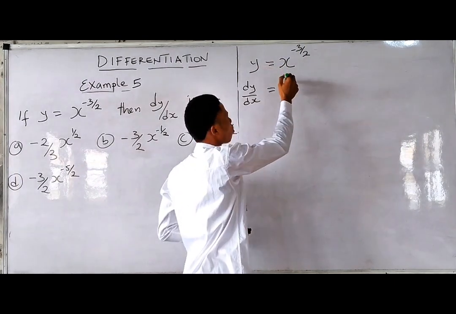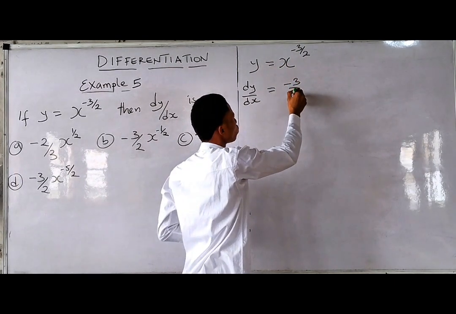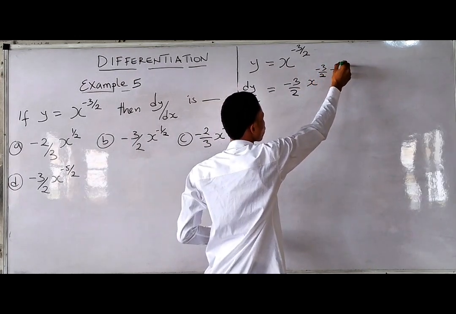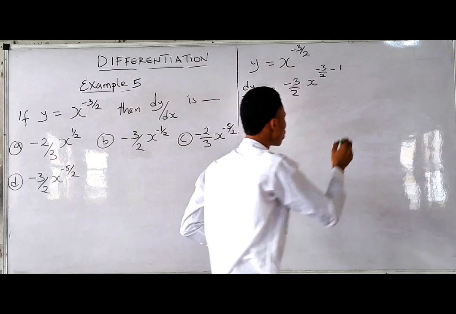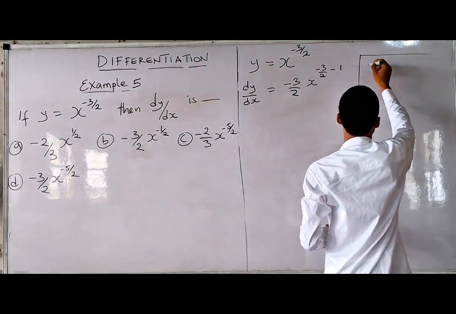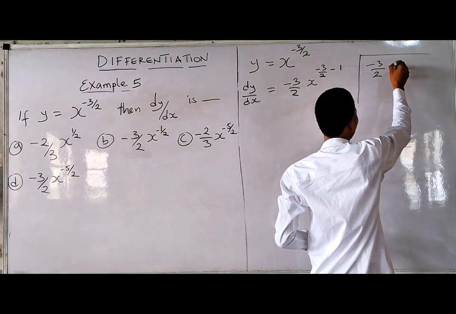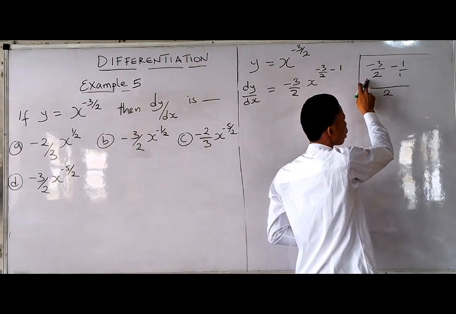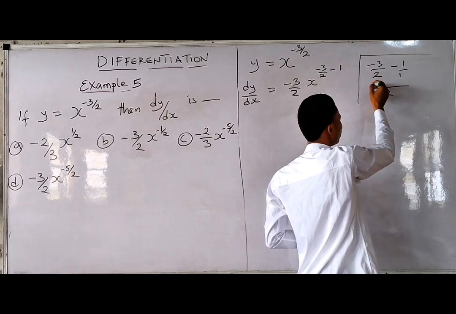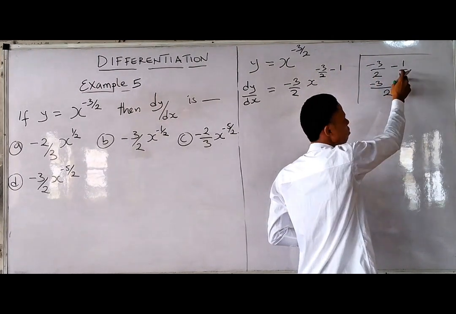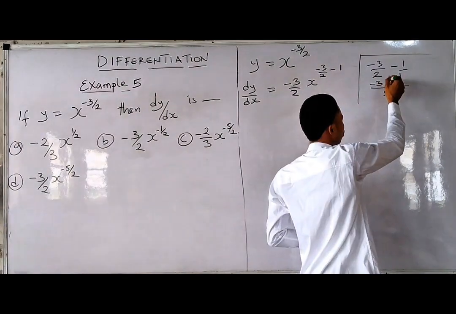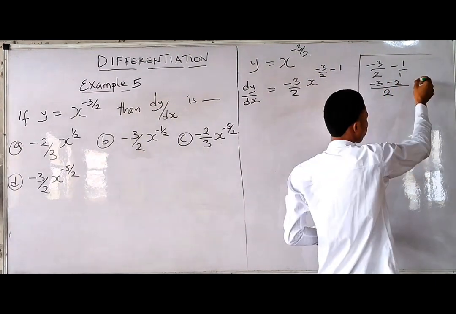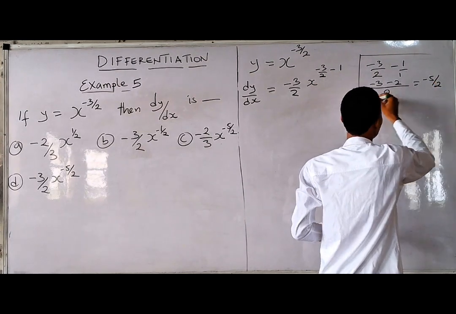So I'll be having minus 3 over 2 x raised to power minus 3 over 2 minus 1. Good. And you agree with me that for minus 3 over 2 minus 1, the LCM here is 2, right? So 2 divided by 2 gives 1 times minus 3, minus 3. Now 2 divided by 1, 2 times 1, so I'll be having minus 2, right? So minus 3 minus 2 is minus 5 over 2.